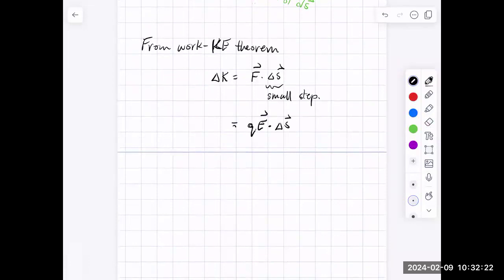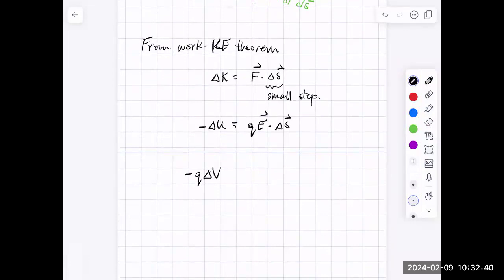The change in kinetic energy, we could write as minus the change in potential energy. The change in potential energy is Q times the change in electric potential.